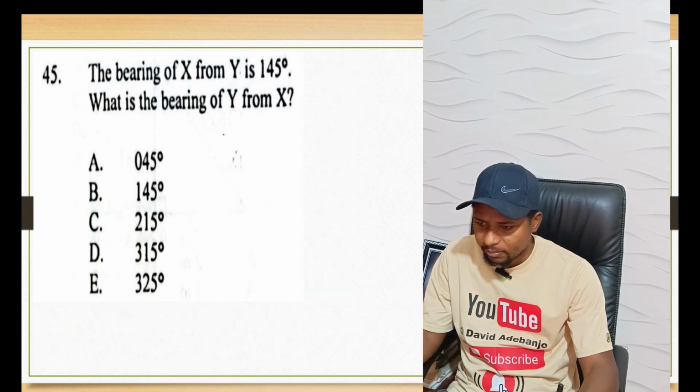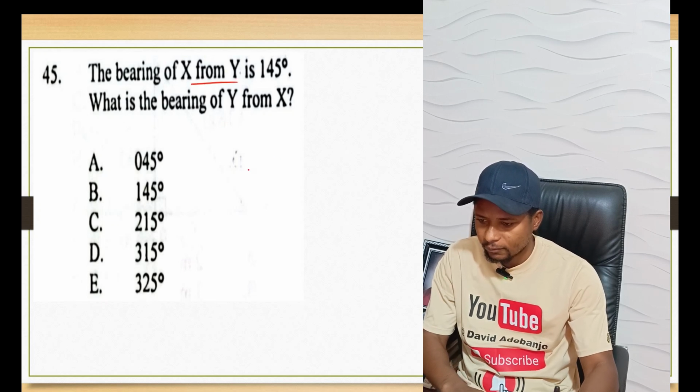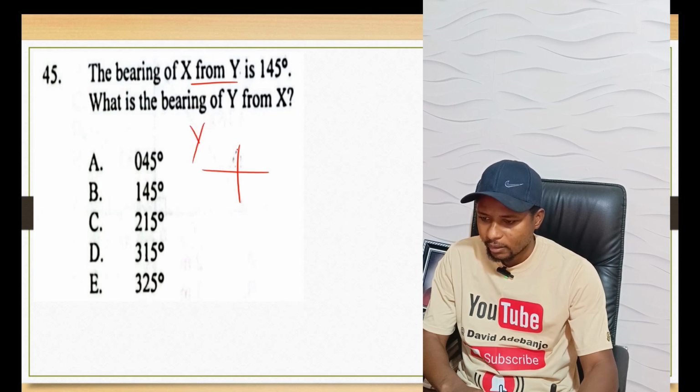Question 45. The bearing of x from y. Take note of the word from. So whatever I'm drawing here has to be the region of what? Y. And then we're told that the bearing of x from y is 145. This is three-figure bearing. So you start from the north and you go clockwise. So this is 90.